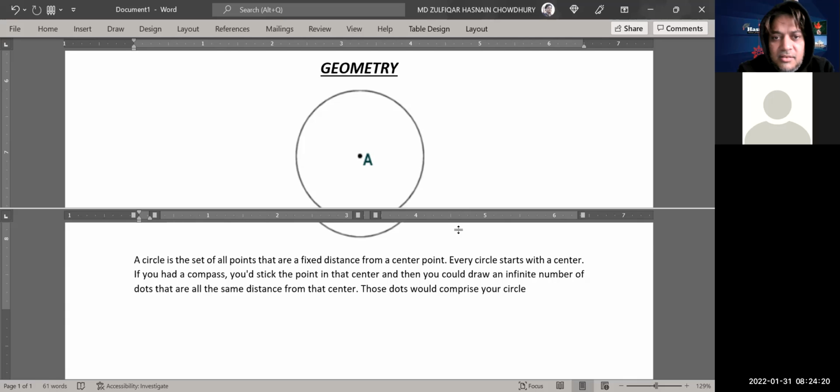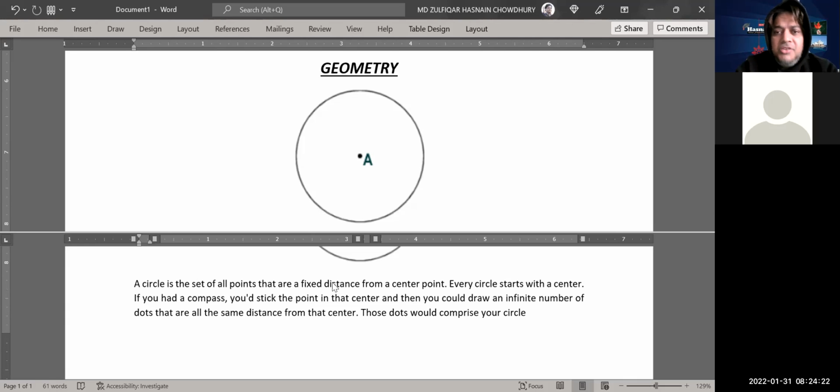Yeah, that's it. Edge, we do not call it edge, we call it circumference, okay? In terms of geometric shape, we call it circumference.